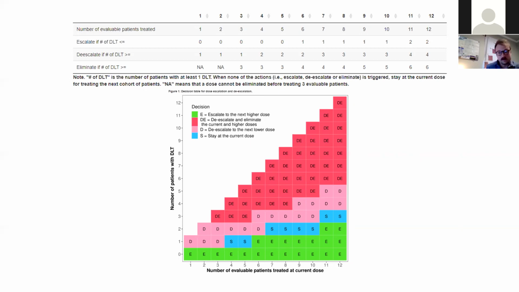So like I said, just briefly looking at this figure, you can make our decision based off the number of patients, which is at the very top, and then determine if we're going to escalate, de-escalate, or eliminate that dose level based off of the responses that we're seeing. Very easy to use. You don't need someone to be fitting a model. You don't need to do any of that. And similar to the 3+3 design.